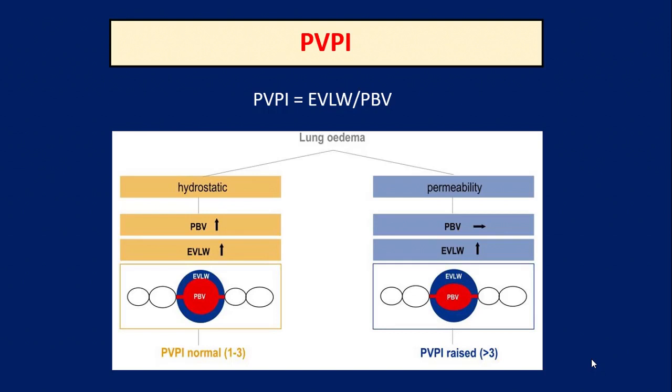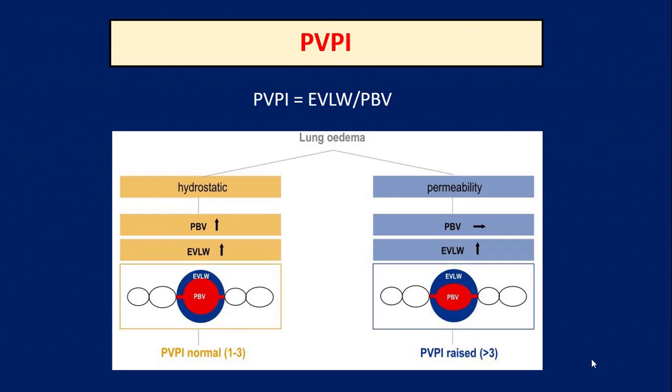In a hydrostatic pulmonary edema, you will find an increase in the pulmonary blood volume, because some fluid is leaking out, so pulmonary blood volume will increase. But extravascular lung water is also increased because that is also leaking out from the capillaries. Whereas in permeability-based edema, the pulmonary blood volume will remain static, and only the extravascular lung water will increase.